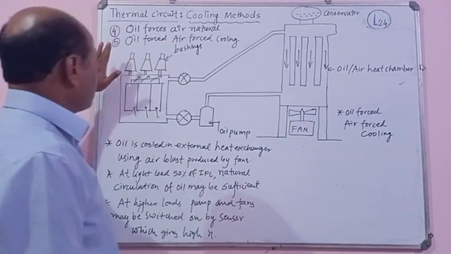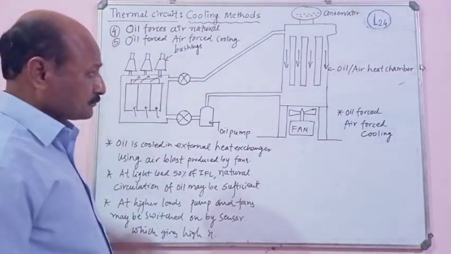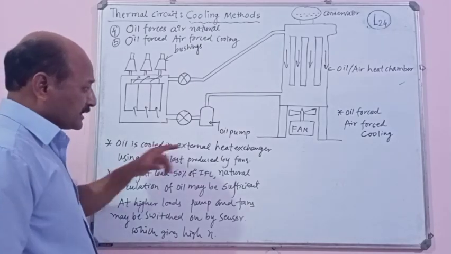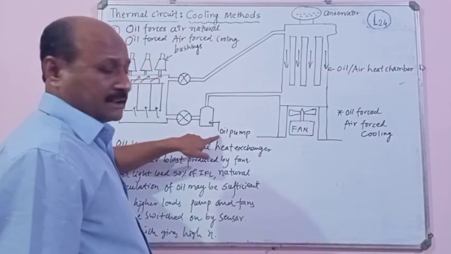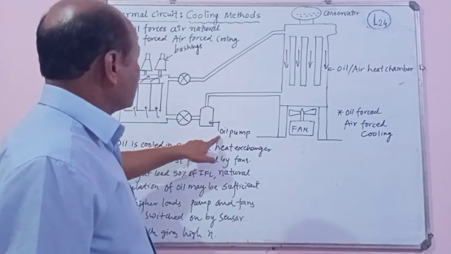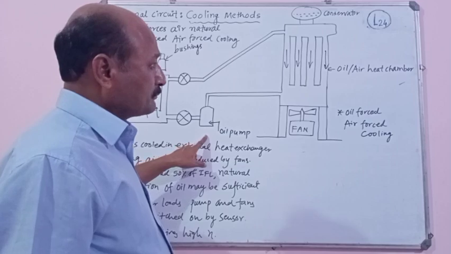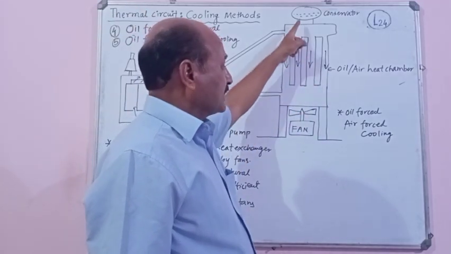Now the fifth one is very important. That is oil forced air forced cooling. This is the diagram of oil forced air forced cooling. Here is the pump. In oil forced air natural cooling there is also a pump, but here a fan is available as well. Then we have the oil pump, the external heat exchanger, and the conservator.